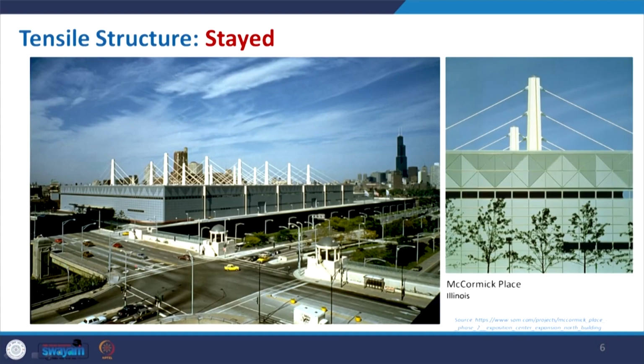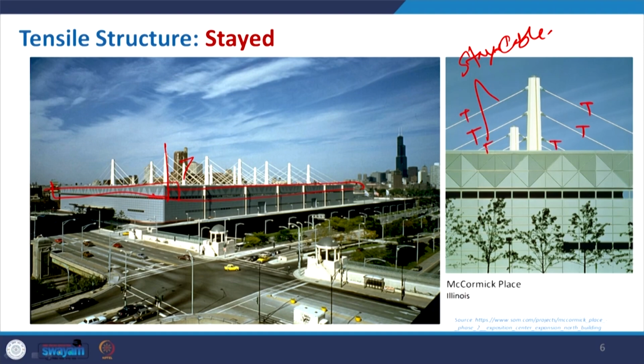So, in this stay tensile structure, basically the whole mass, the roof and other things, are being supported with the stay cable. So, these, if you see on the board, are basically your stay cable. They are taking care of this, and in all these members which actually support, they are developing tension.